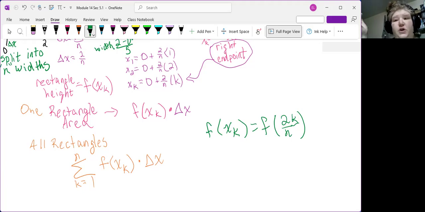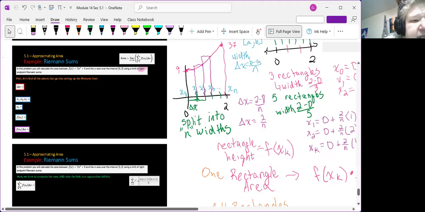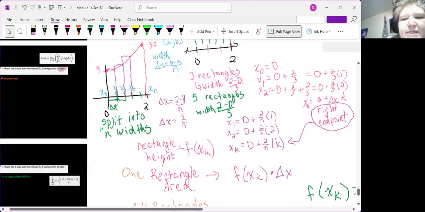But I need to go find my function formula. Like all of this so far, the only numbers we were using was the 0 and 2 as the start and end point. Now I actually need the function. So that function is 7x squared plus 9.